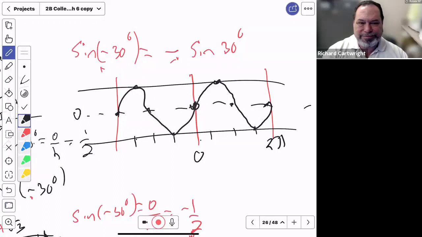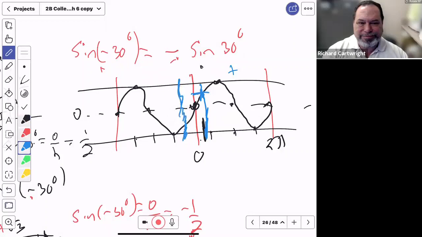Okay, so if I do 30 degrees, the answer is here. 30 degrees is roughly, let's see, this is pi. That's 180. So 30 is going to be in here. Here's 30 degrees, roughly, right here. See the y value? The y value is positive. If I do negative 30 degrees, that's about here, negative 30 degrees.